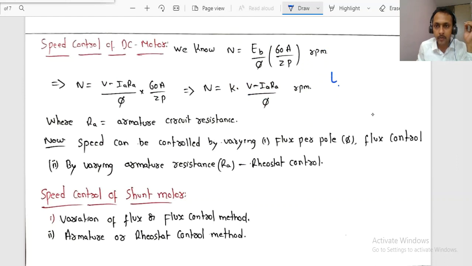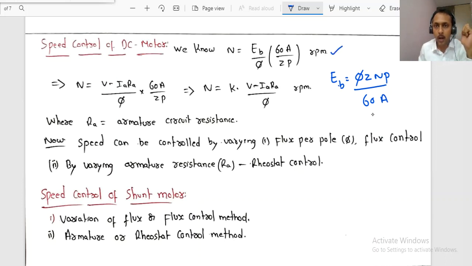Back EMF EB equals phi Z N P by 60A. From this formula, we can observe N equals EB by phi times 60A by ZP RPM.